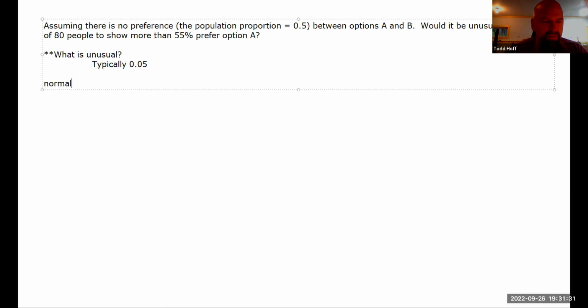So it's a normal CDF, 0.55 to 1, if the true population proportion is really just 0.5. And the square root of 0.5 times 1 minus 0.5 divided by our sample size of 80.